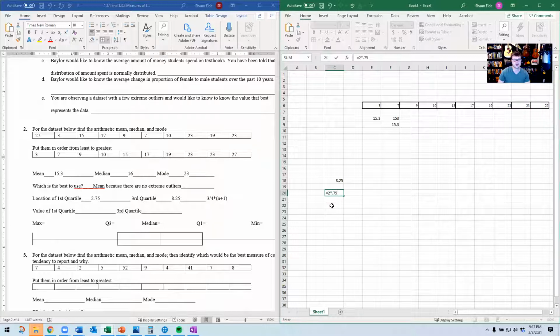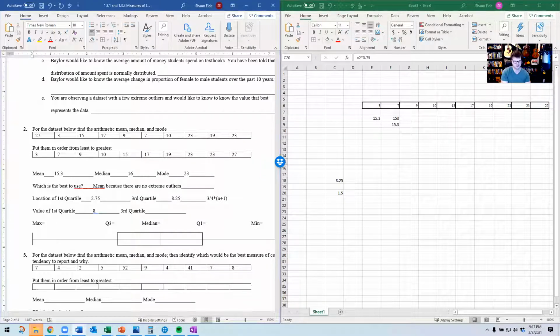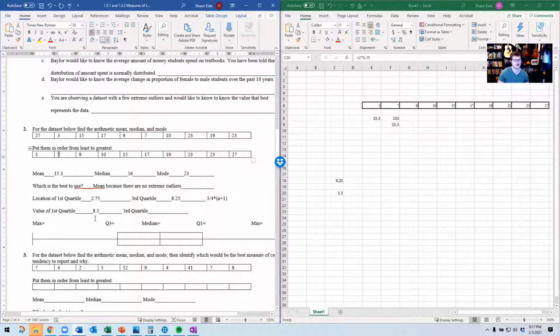So 2 multiplied by 0.75 is 1.5, and then you add that to the 7. So the value of the first quartile is going to be 8.5, because you take that 0.75 multiplied by the difference between the second and the third value, and add that to the second value there.